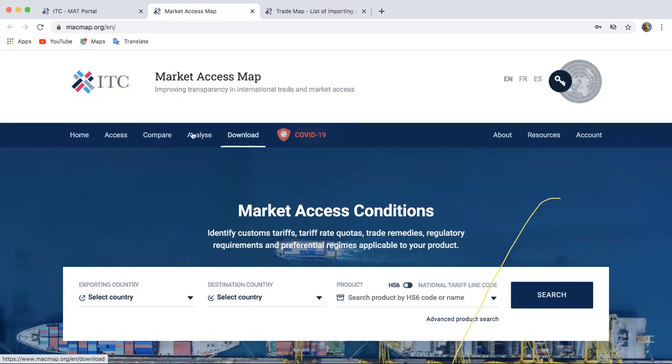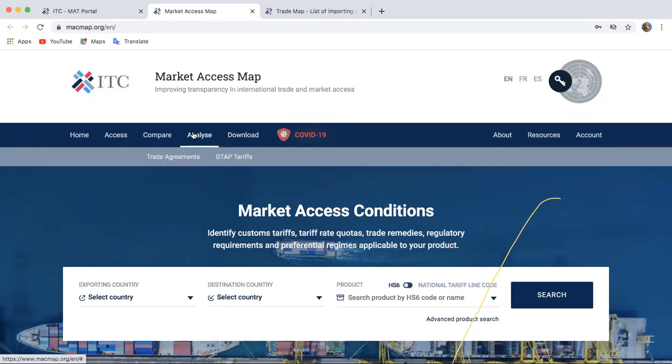We also have a part where we can analyze different trade agreements. I will go into the trade agreement section, but if you're interested in GTAP tariffs, I let you play around with it, and if you have questions, you can definitely let us know.